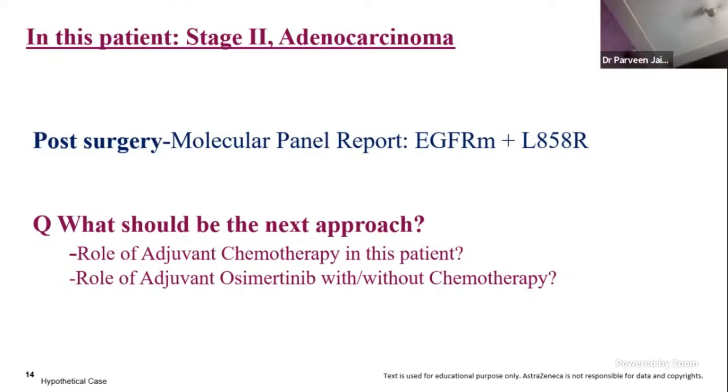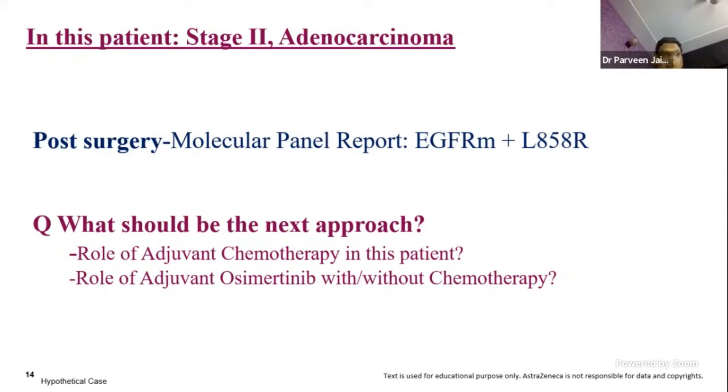So I think when we talk about any drug in the adjuvant setting, you have to see the tolerability of these drugs also. Osimertinib has shown such good tolerability that it is not exactly close to our hormonal therapy, but compared to chemotherapy it is very well tolerated. But this is in the trial data.